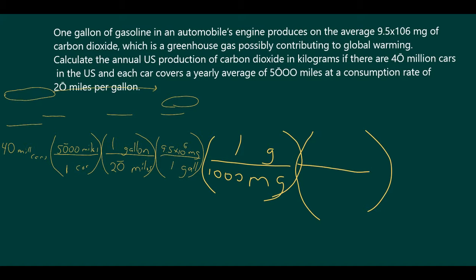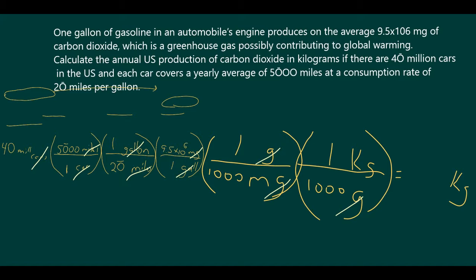Not quite done yet. Now I need grams to go to kilograms, and we can say that 1,000 grams is equal to 1 kilogram. Now looking at my setup here, I've got cars canceling out, miles and miles canceling out, gallons cancel, milligrams cancel, grams cancel, so I am left with units of kilograms.